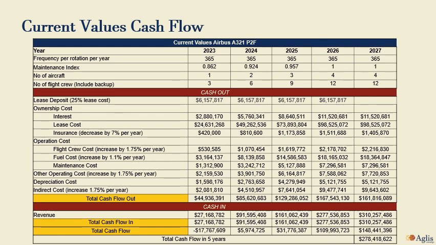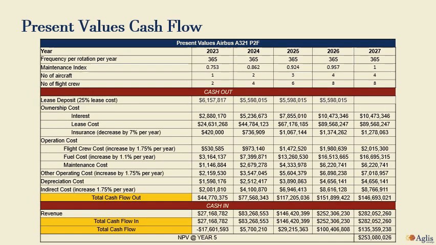With this, the total cash flow for 5 years operation is around $280 million, being negative in the first year of operation. Next, to calculate the present values, we assume that the discount rate is 10% from the current values. Finally, we get the 5 years NPV value is around $250 million.